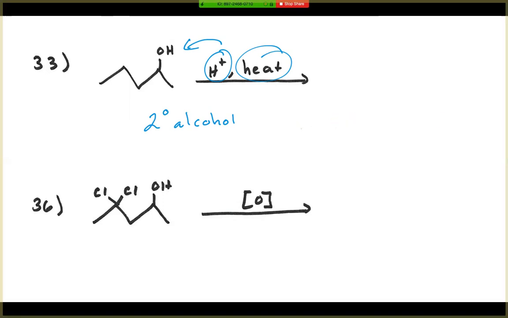When water comes off out of a reaction, we call it dehydration. So it's almost like breaking that bond, and that H plus and the OH leave as water.